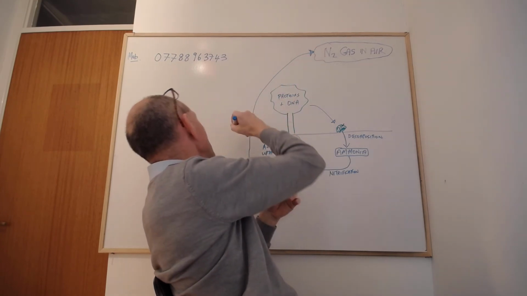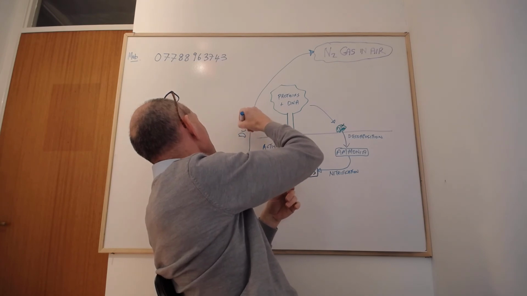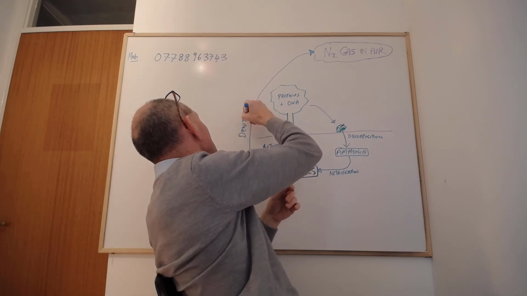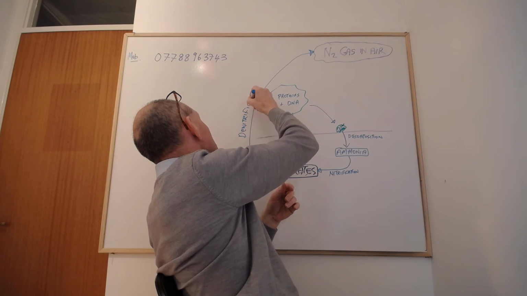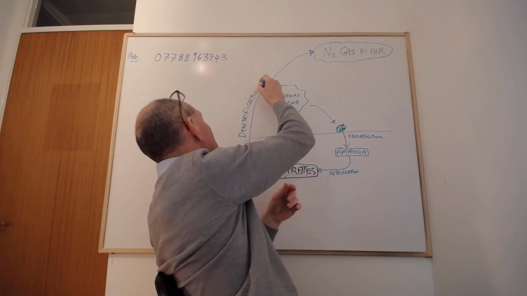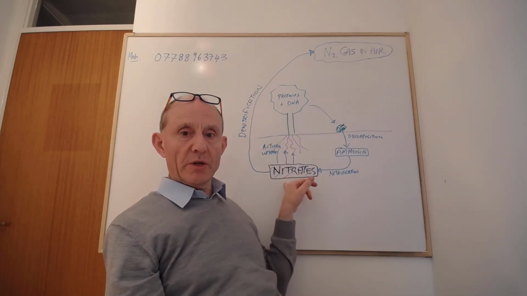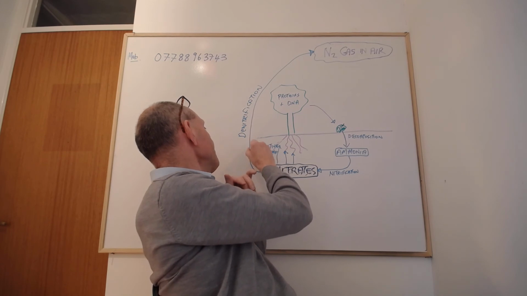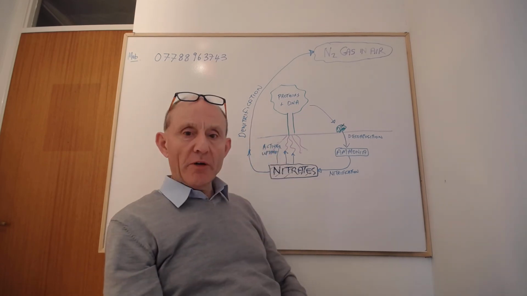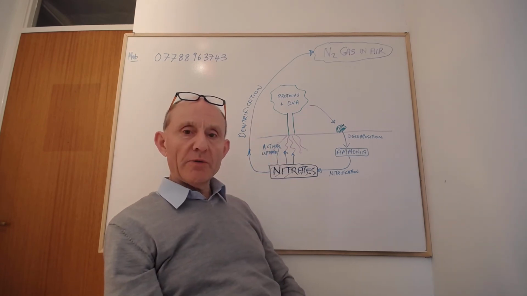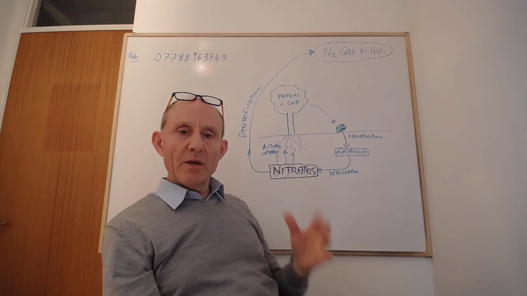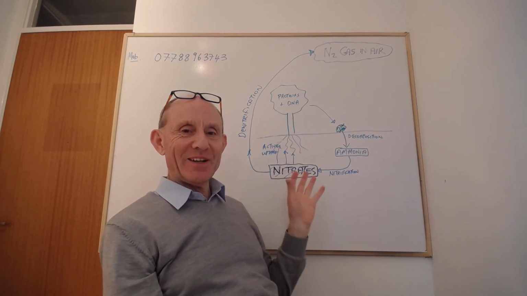Denitrification, another very big word, D-E-N-I-T-R-I-F-I-C-A-T-I-O-N. Denitrification is another process that can happen in the soil, and it's brought about by another group of bacteria called denitrifying bacteria. We don't like them.